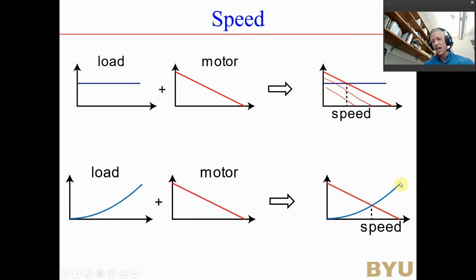So I look at the cross between my load and my motor. And again, if I want to change the speed, I'm going to have to change my DC motor plot by changing its voltage or adding resistance in there in order to slide it across. And so that is how we're going to have the different types of loads and try to figure out what the speeds are for a specific motor.